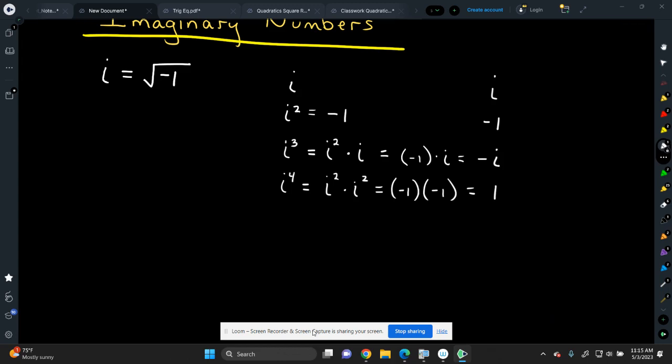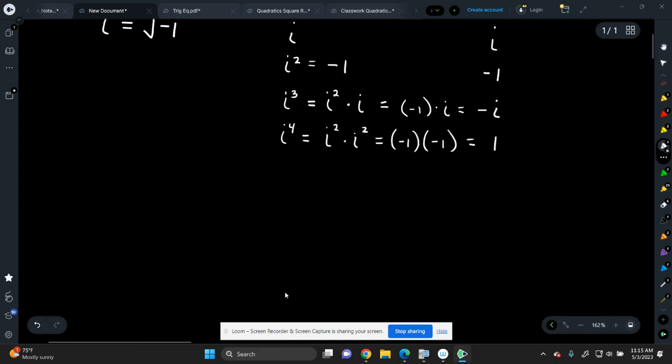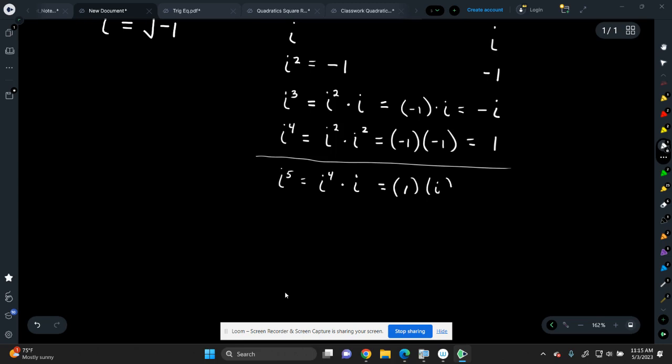We're going to keep going. Okay. Let's look at i to the fifth. Well, I'm going to write that as i to the fourth times i. What does i to the fourth equal? 1. So 1 times i equals i.